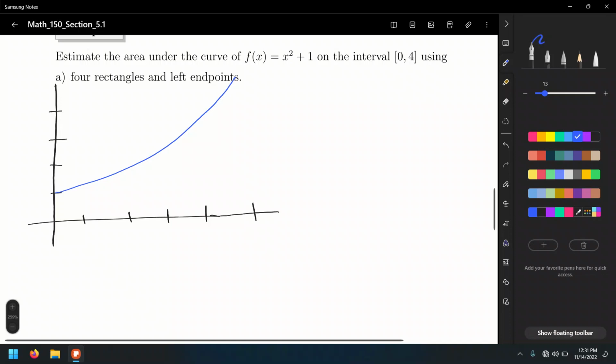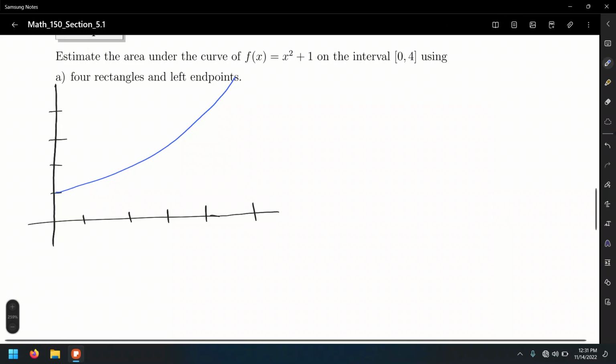I know this is inaccurate because 1 squared should be equal to 1, 2 squared should be equal to 4, 3 squared should be equal to 9, but this is so it is easy for me to draw the rectangles here. So we are going to partition this area into rectangles whose width is delta x, given by the limits of integration over n.